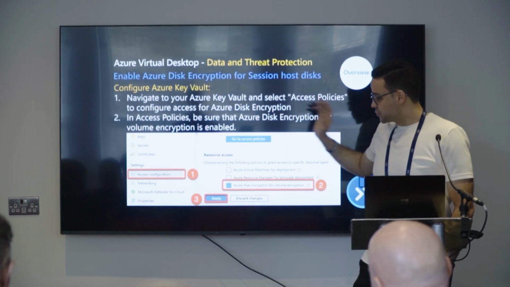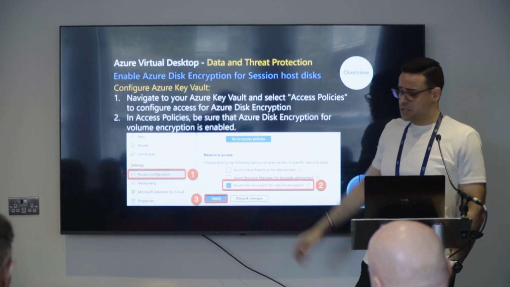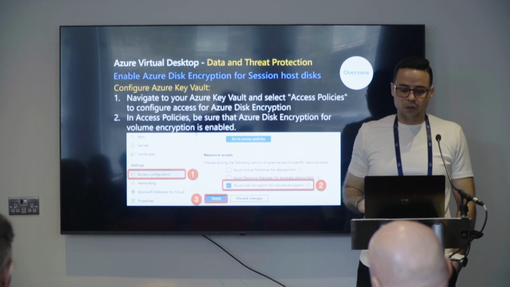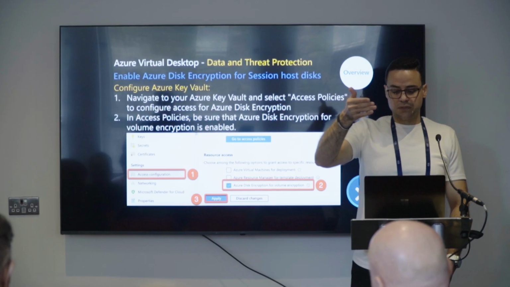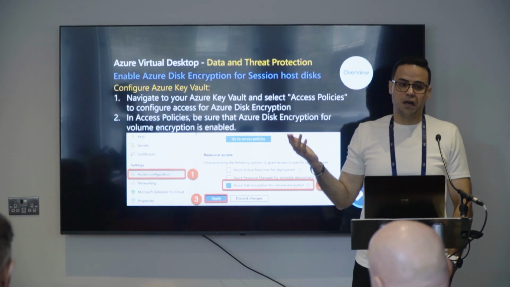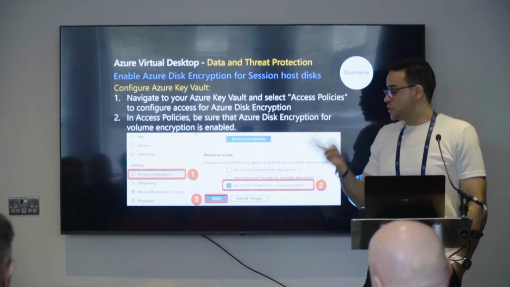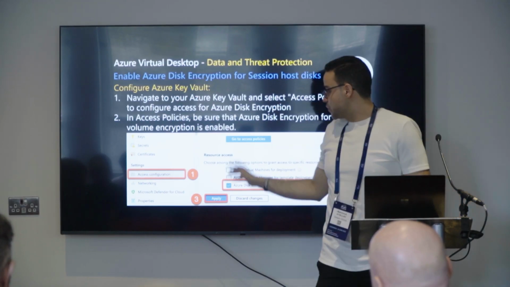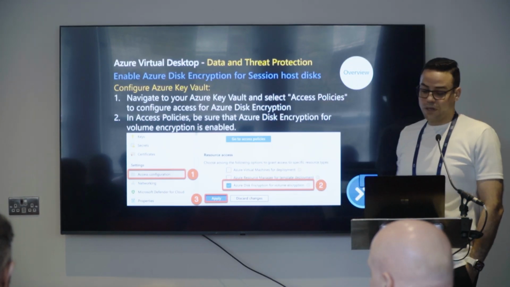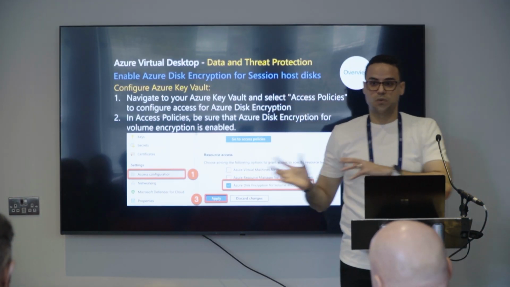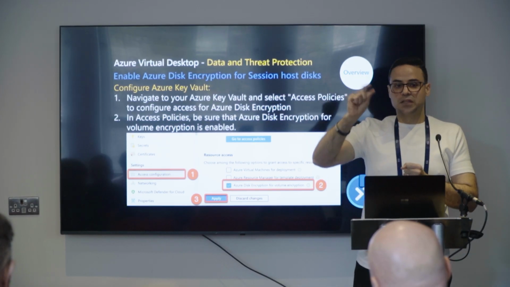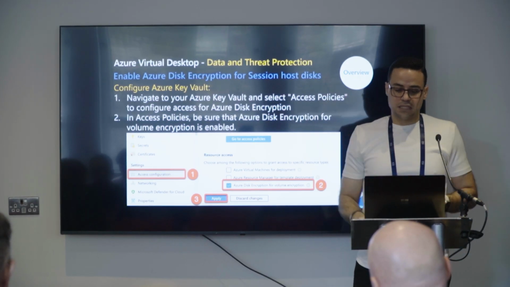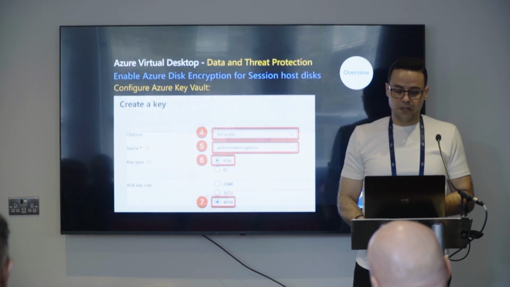There is the access policy configuration, which was the only available option back in the day on the key vault, and Microsoft introduced the key vault access RBAC control, which is IAM, and you can have both of them. If we go through the access control, that's the way you allow your Azure resources to access your disk encryption and consume this key to encrypt your disk. That was also one of the configurations.